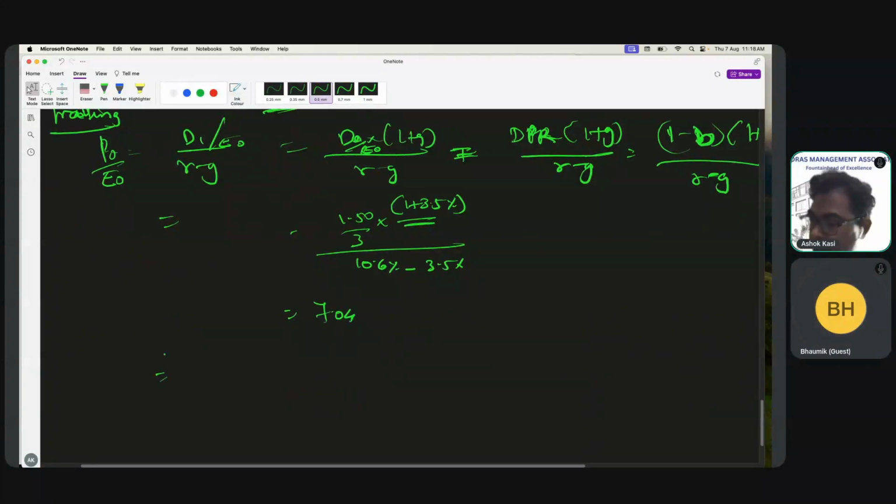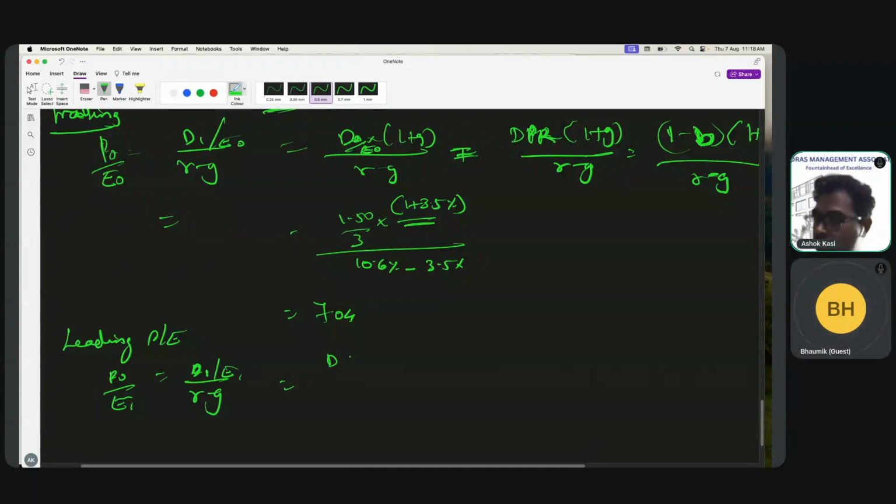Then now the leading P/E ratio. Leading P/E ratio will be P0 over E1, D1 by R minus G divided by E1.